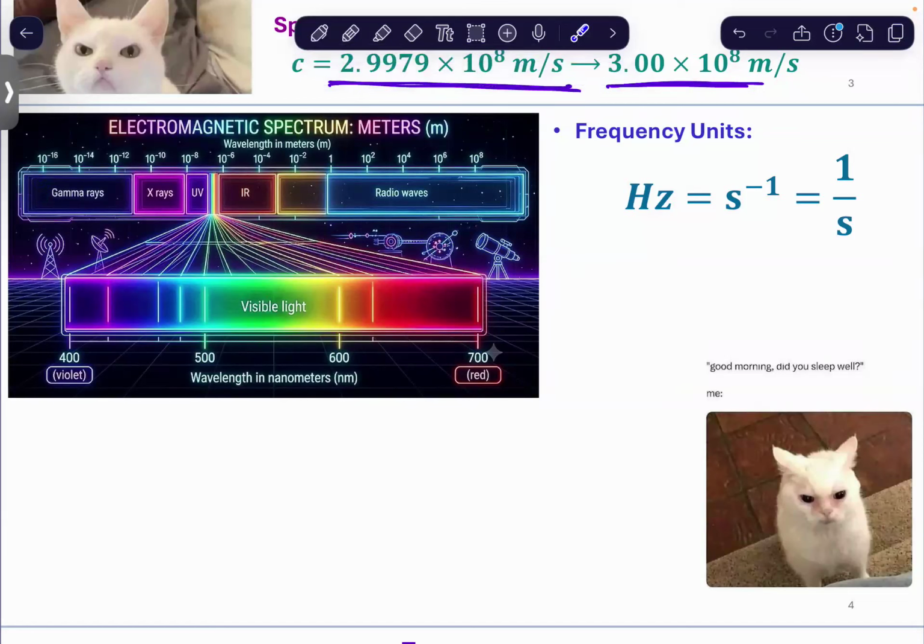Can we see that well enough? So down at this end, where your gamma rays are, you're getting very high energy, very, very short wavelengths, versus down at the radio wave end, you're getting very, very long wavelengths, very small frequencies.